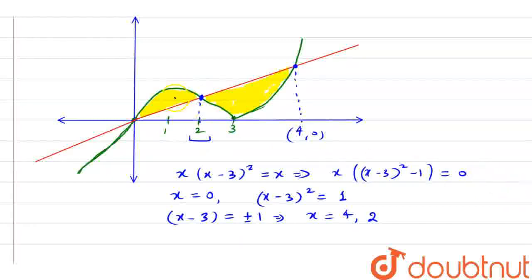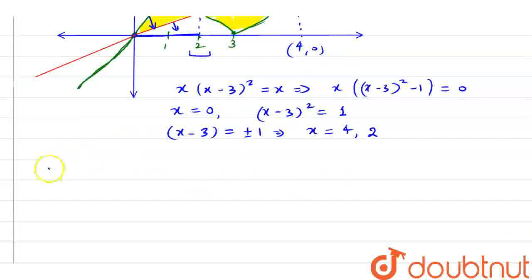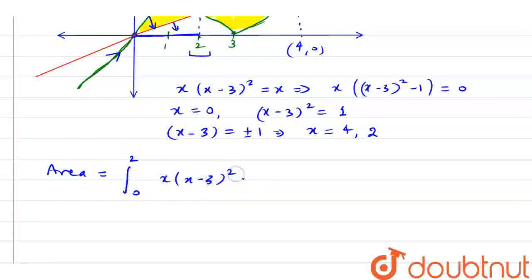Now I am going to take the limit from 0 to 2, and subtract the lower curve from the upper curve. So my area will be given by the integration from 0 to 2 of the upper curve, the equation of the curve, x into (x minus 3) whole square, minus the line, that is minus x, dx.